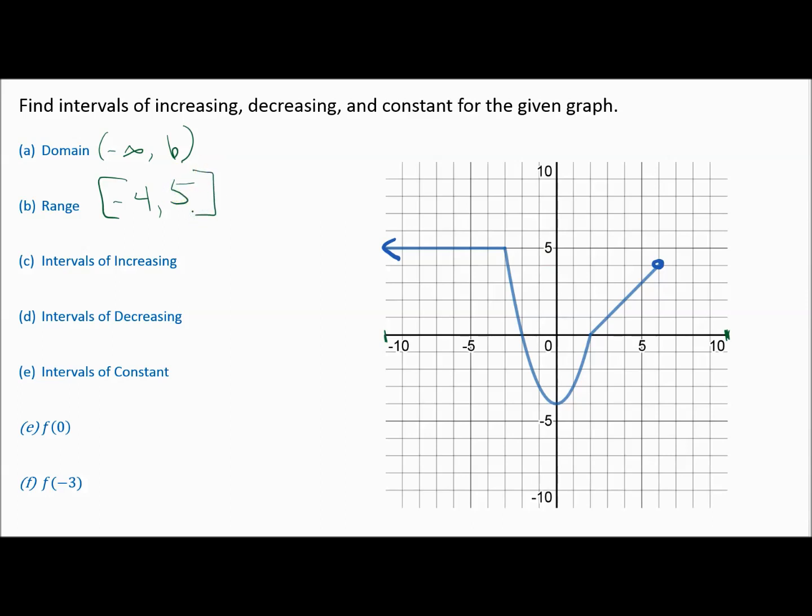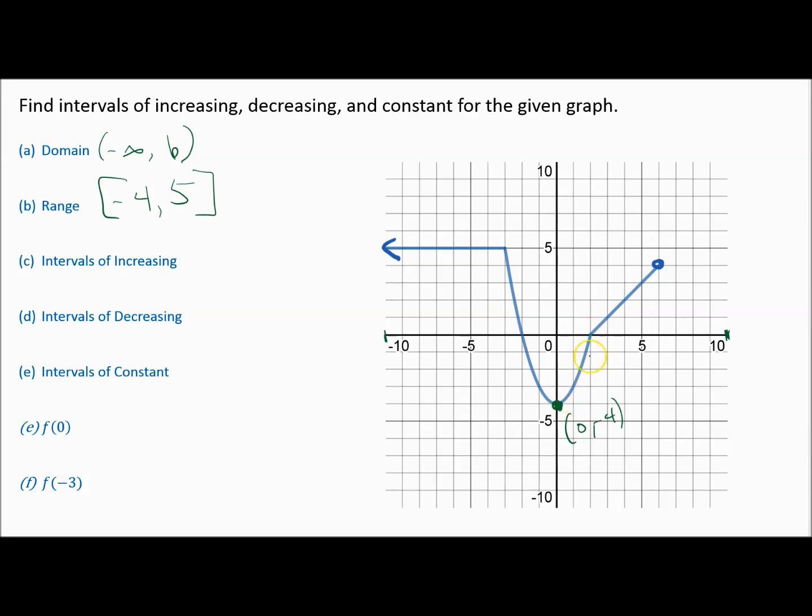Okay, now we're addressing the question that's new to this section. Intervals of increasing. Remember, what that means is the graph is rising from left to right. And so what I need to do is look on my graph, and I'm going to write it right on top of the graph. Notice down below at this point right here, which is 0, -4, the graph begins to rise up.